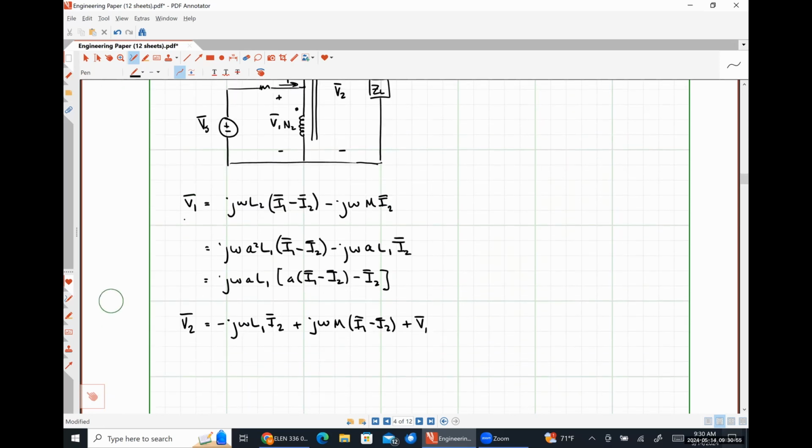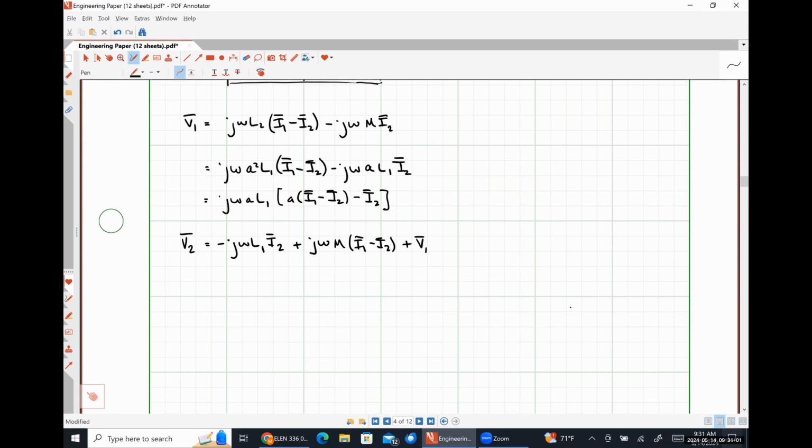So now we're going to play around with this mathematically. First thing we'll do is simply substitute in our relationship for V1. So that's going to look like negative J omega L1 I2, where we have M, we're going to replace that with AL1. So this is plus J omega AL1 times I1 minus I2.